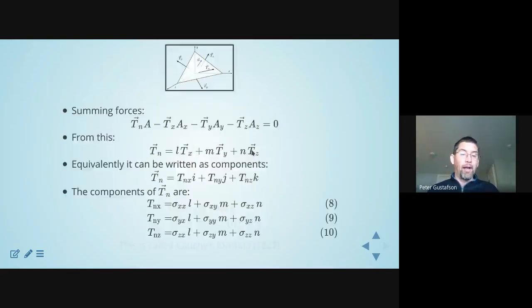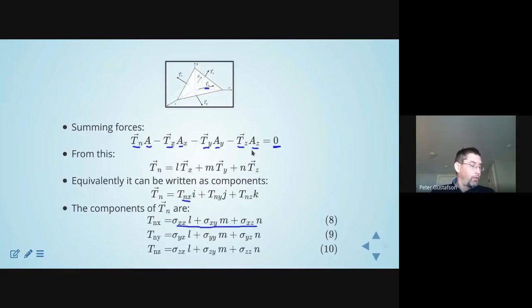All right, I'm going to pause. Is everybody with me on this? So Ron asks, so A is equal to AX equals AY equals AZ. So no, that's not the case. AX, let me go back one slide. Here it was.